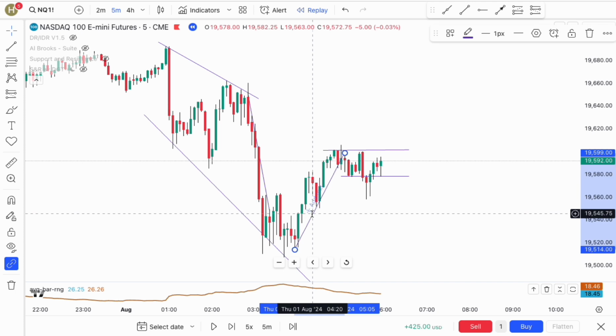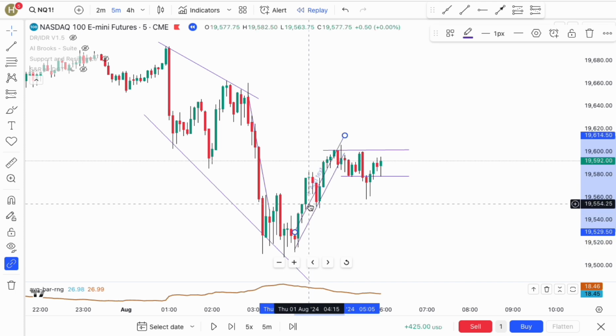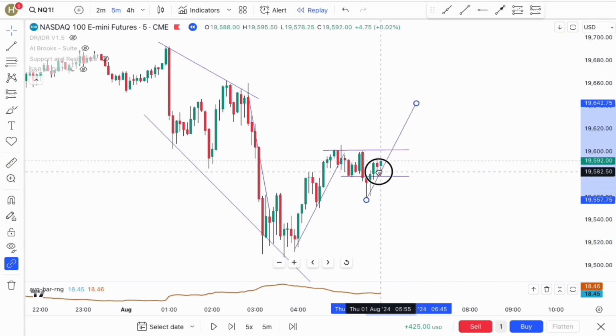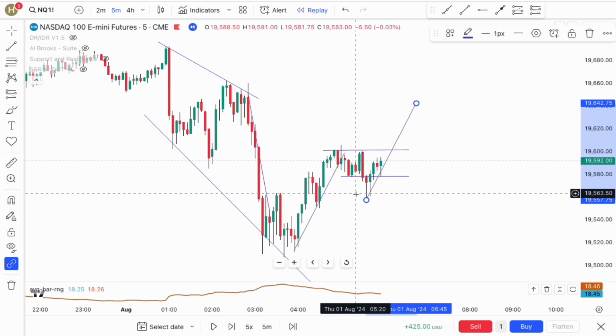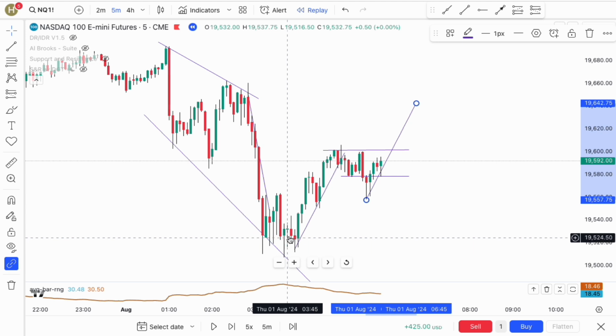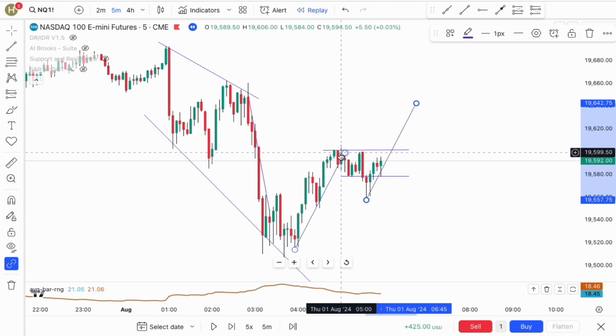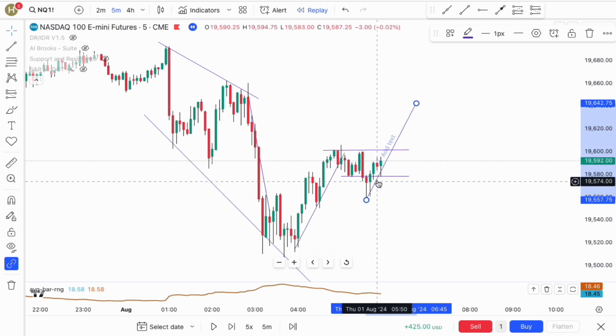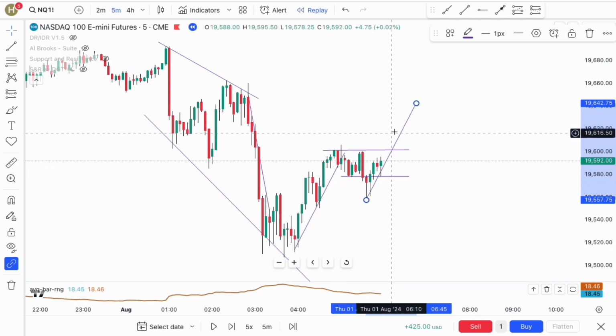What I will do is copy this one, because we would expect it to be the same or somewhat of the same measure. Because often when you have one leg up, the next leg up will be the same length up. Not always.